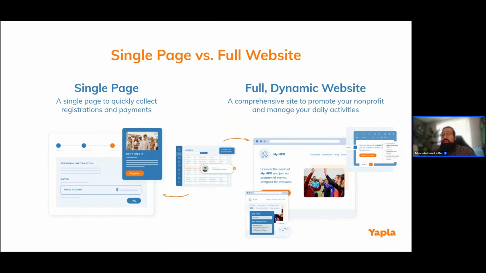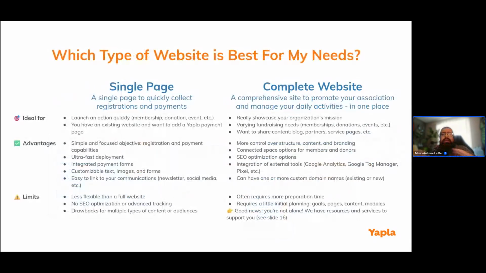These pages are great to launch your campaign, your events, and tons of stuff. But if you want to go a step further, you might be interested in working with a full dynamic website through the platform, fully integrated within Yapla, to better promote your content and offer a wider variety of processes through it. So let's take a look at the advantages of each.